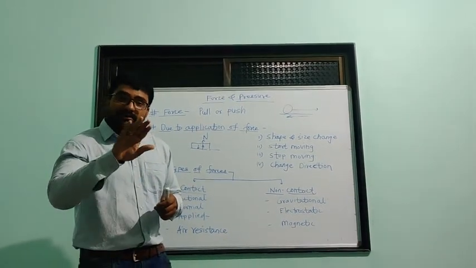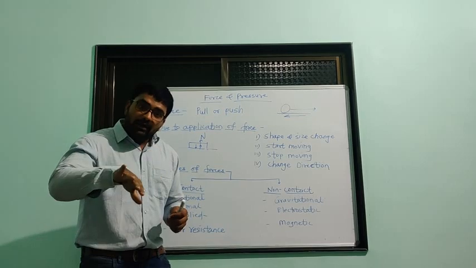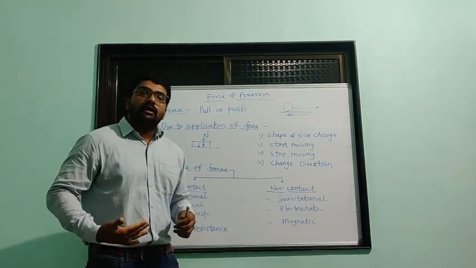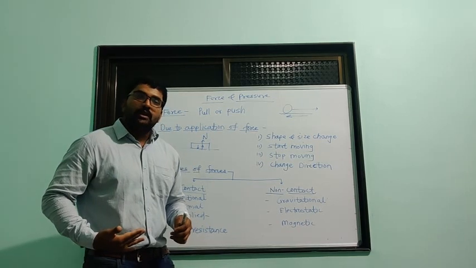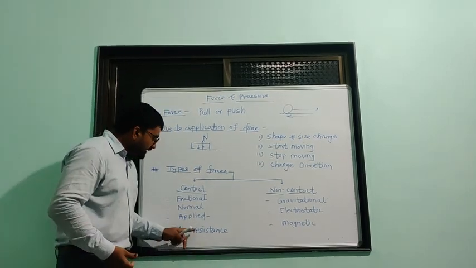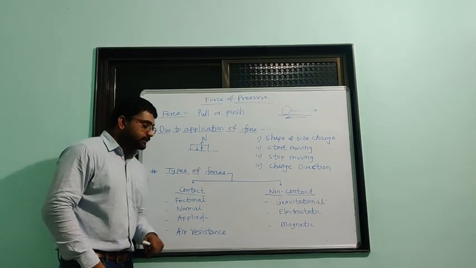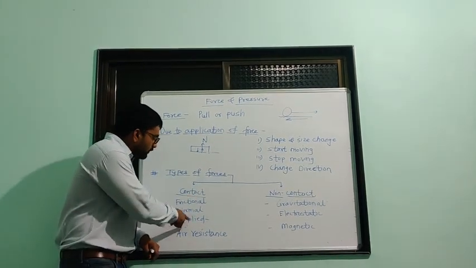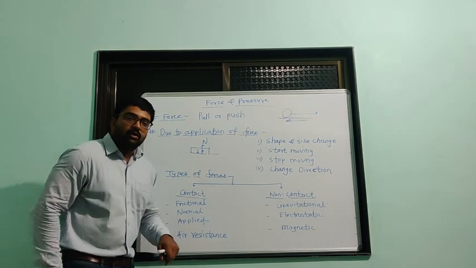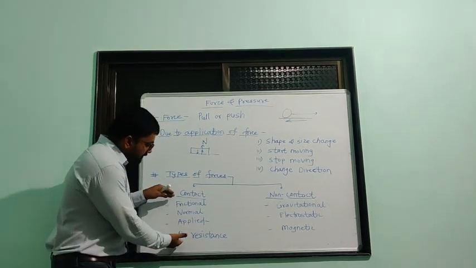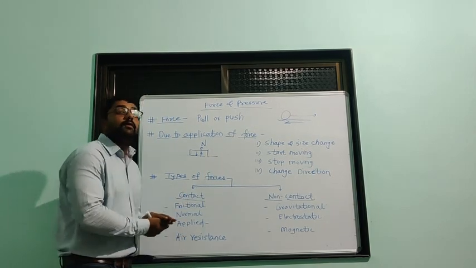It tries to slow down our motion. So air is also in direct contact with us. That is why this air resistance force is also an opposing force, and it falls in the category of contact force. So these are some examples of contact force.